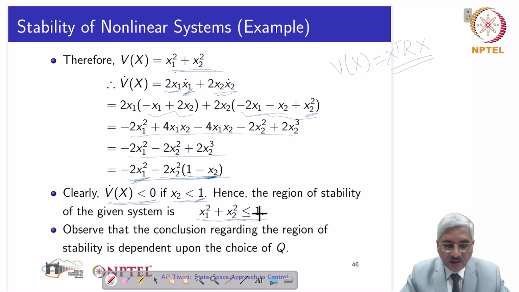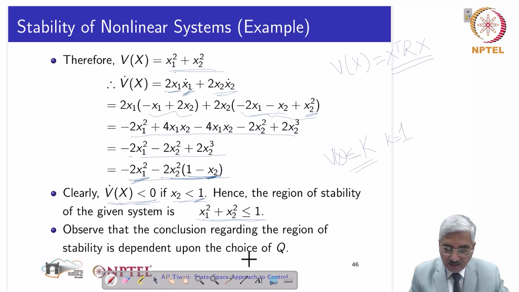The K we are taking, although a slightly larger K would have been possible, but we safely say that Vx less than or equal to K, where K is 1, gives the region of stability for the nonlinear system in this example.